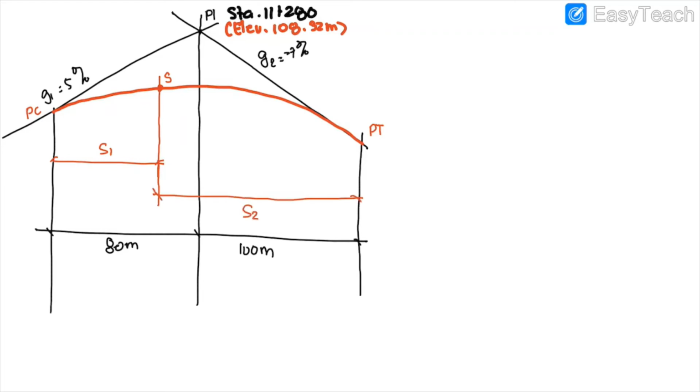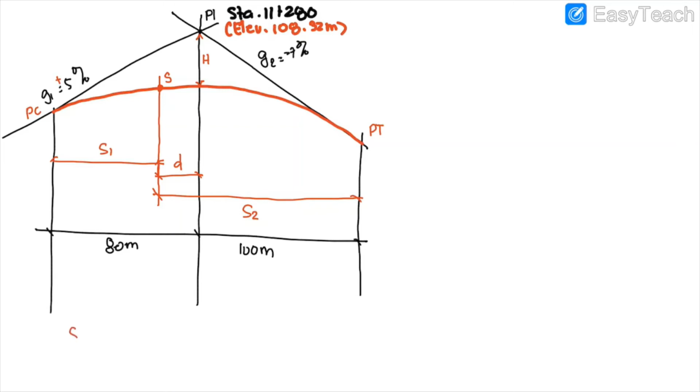Then compute for the difference in the location, D, for later solving the station of the highest elevation. Then the horizontal distance from the curve to the point of intersection. We also have the positive grade of 5% back tangent and a forward tangent of 7% downward. We need first to identify our H.